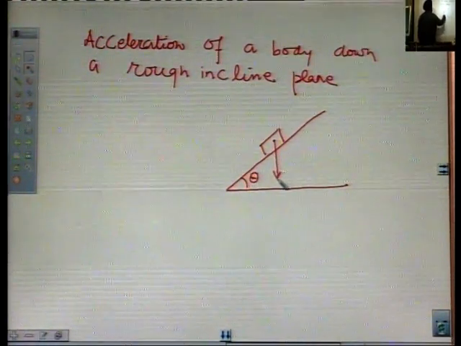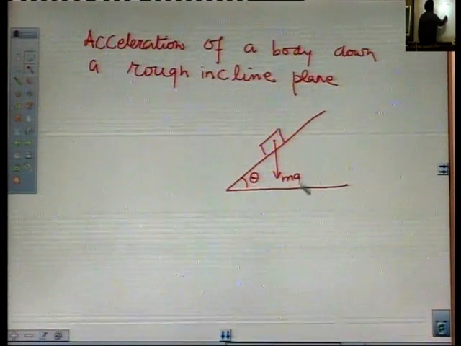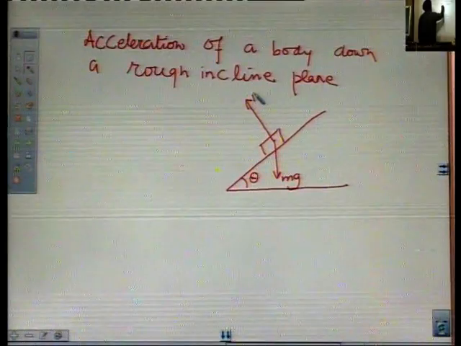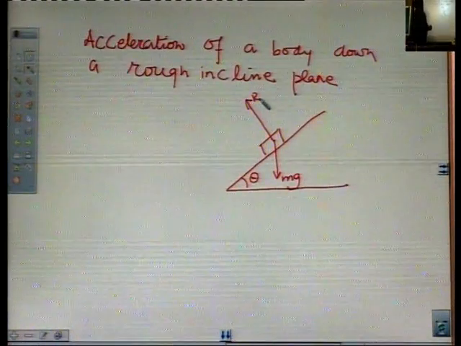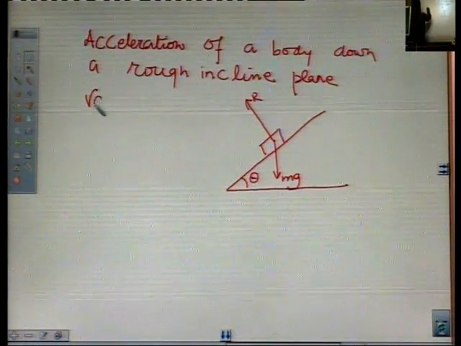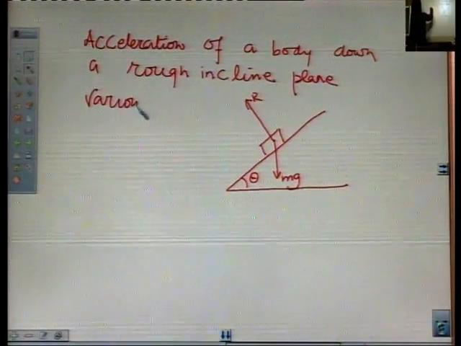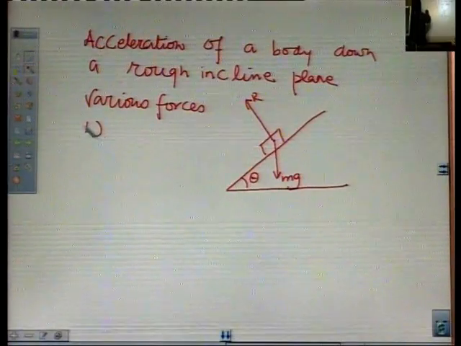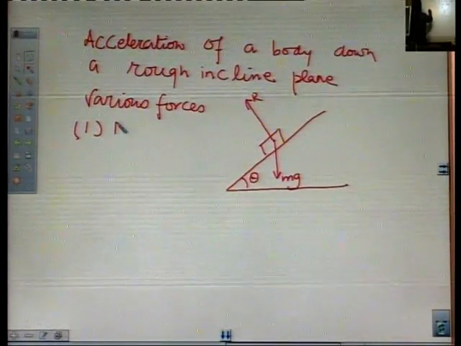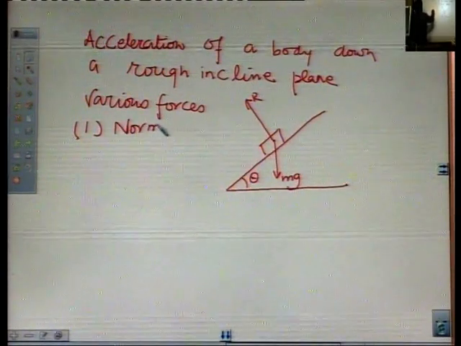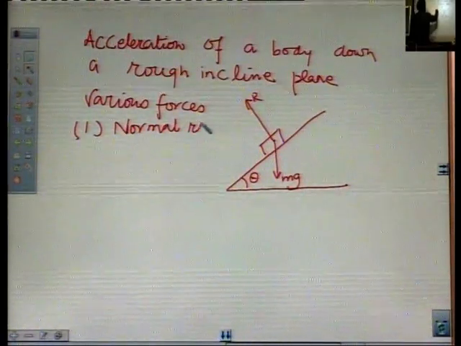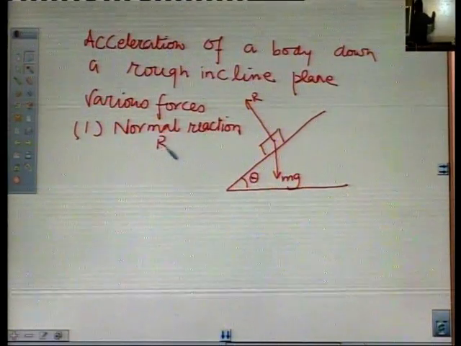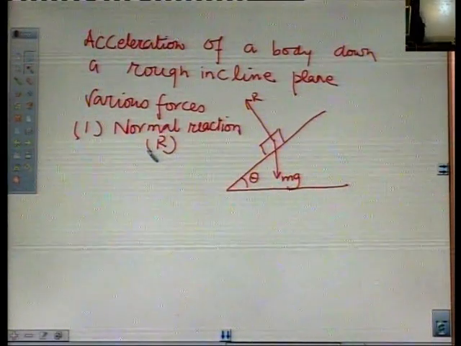Weight of the body always acts in the downward direction, normal reaction acts in the upward direction, that is normal to the body. So, the various forces that act on the body are: first, normal reaction, which acts perpendicular to the plane.